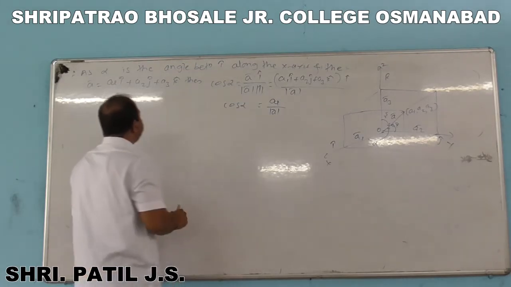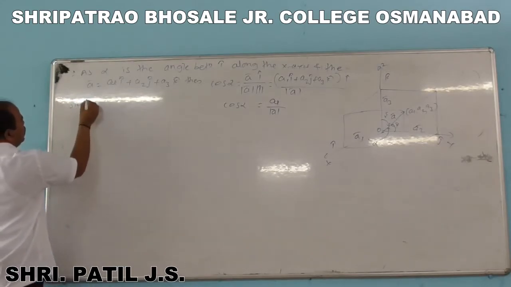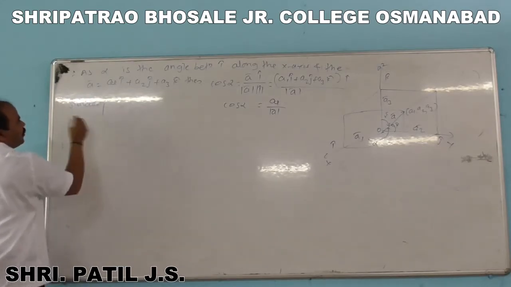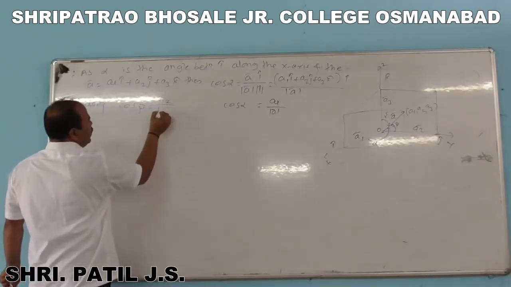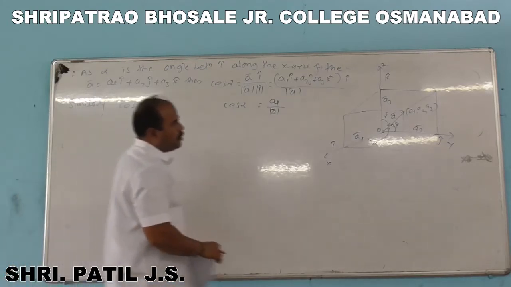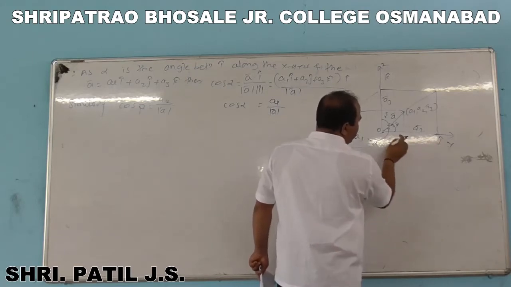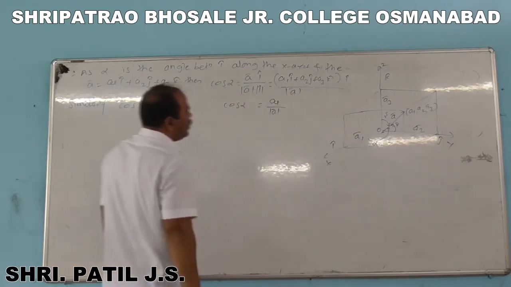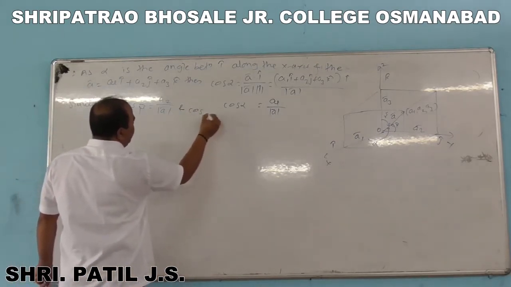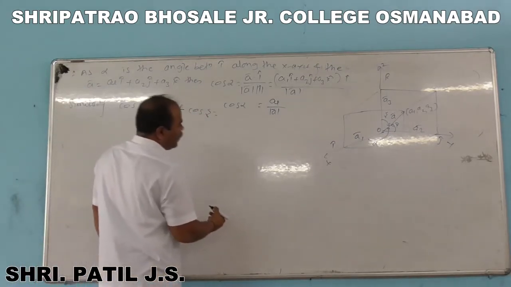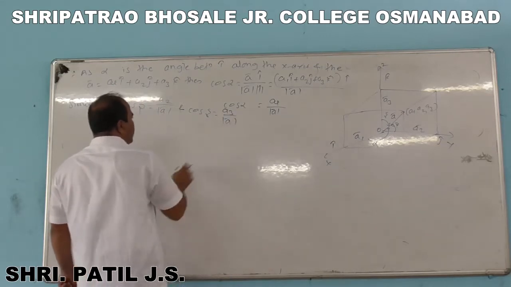This is cos alpha. Similarly, cos beta equal to A2 divided by mod of A bar, between J cap and A bar. You know that J dot J is 1, and third is cos gamma equal to A3 divided by mod of A bar.